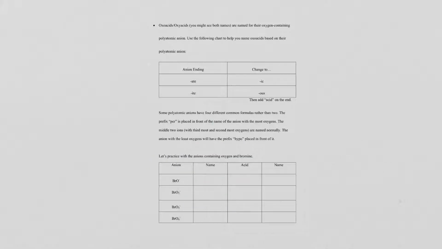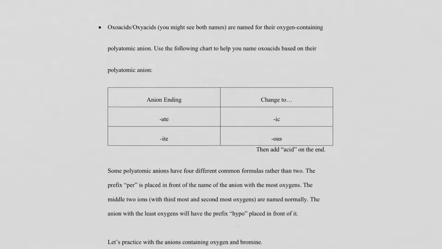So for oxoacids or oxyacids, again, you'll see both names sometimes. Just know that they're acids containing polyatomic anions that contain oxygen, right? So you'll use this following chart, based on the name of the polyatomic anion. You can look through this and apply it. I'll reference it when we do a couple practice problems.